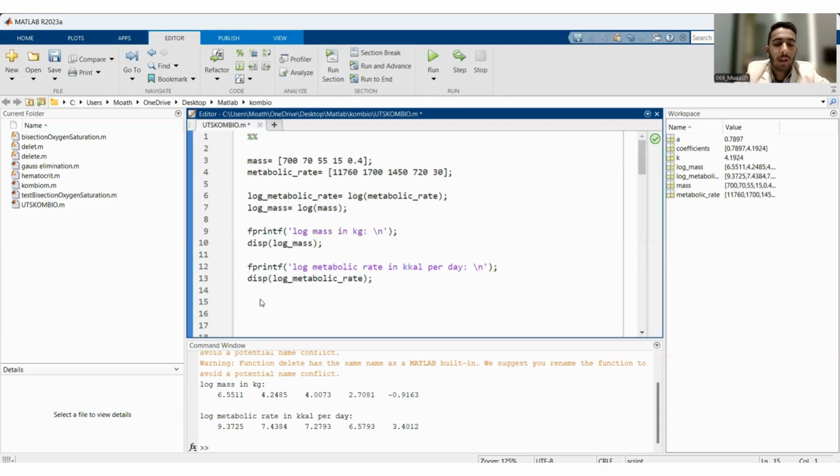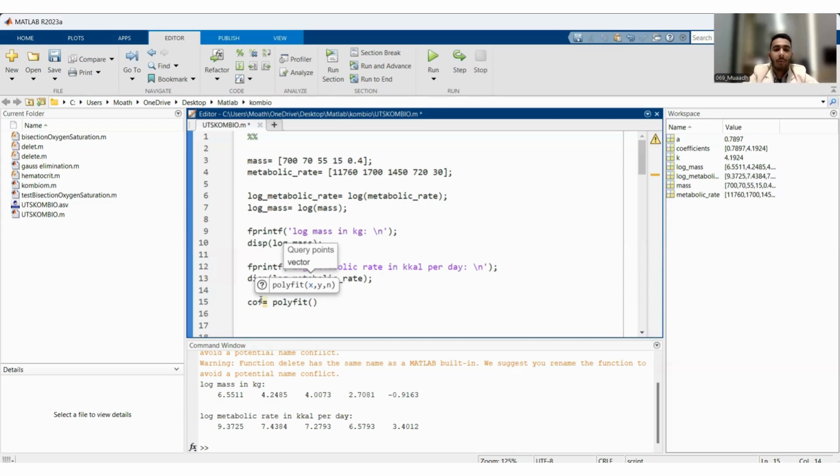Then next we have to take the coefficients. We're going to use the function called polyfit, which takes the data and a polynomial order of one, meaning it's linear, so it's going to be one line. This gives the coefficient of the slope and the coefficient of the intercept.